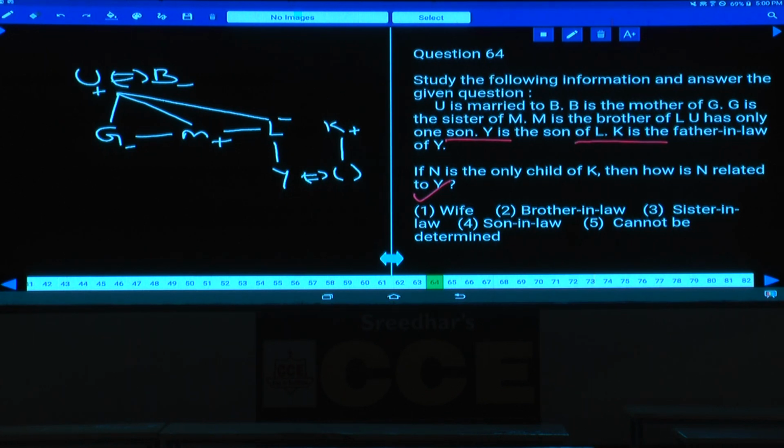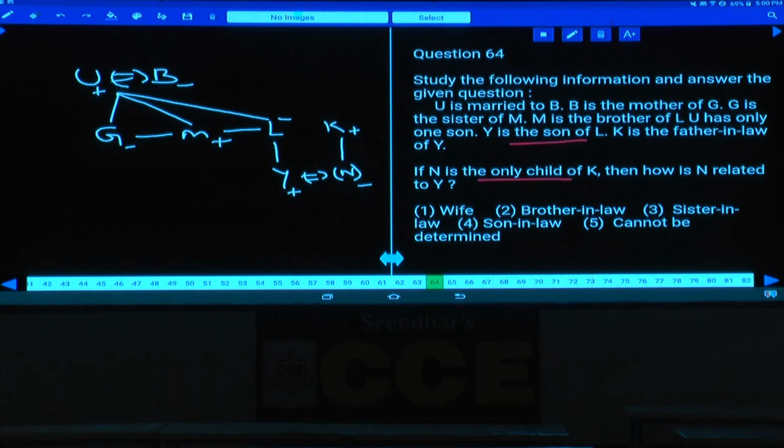Now question 64. If N is the only child of K, that person is none other than Y's spouse. How is N related to Y? Y is the son of L, so Y is a male. As Y is a male, the person married to Y, N, is a female.